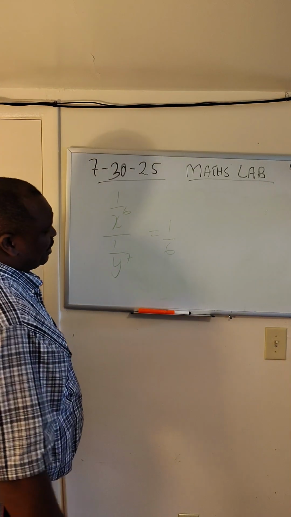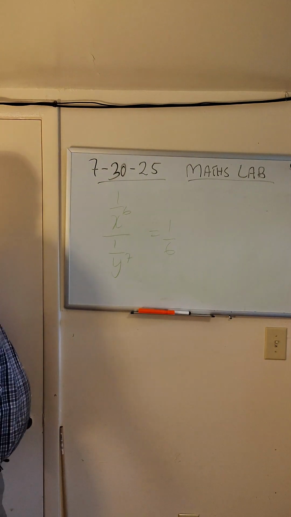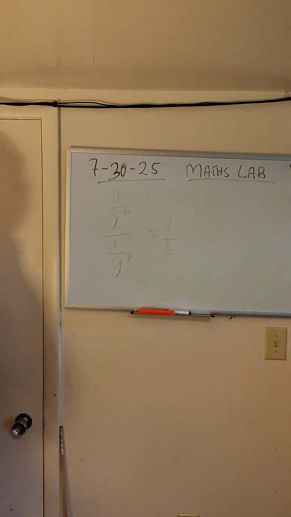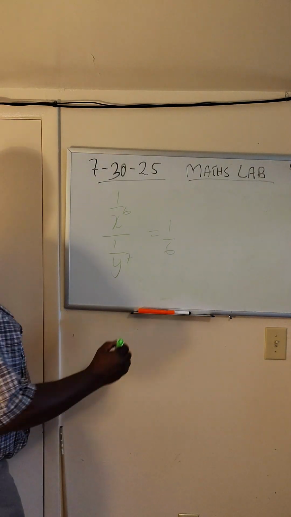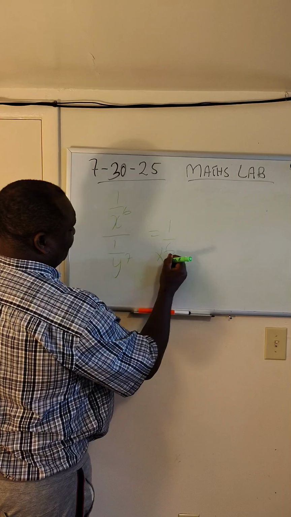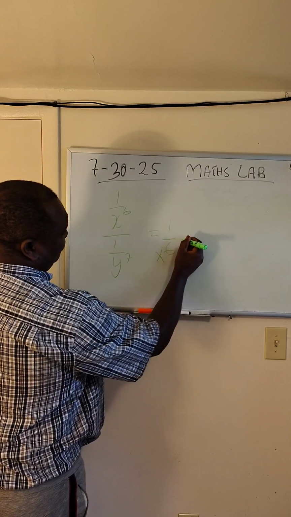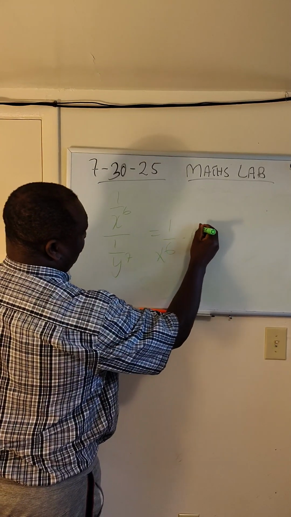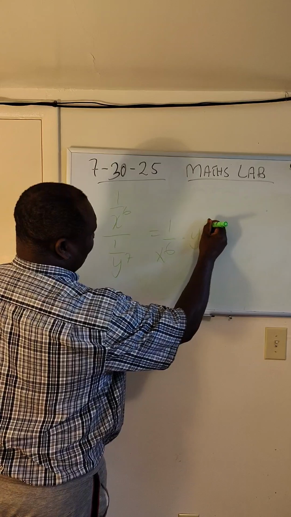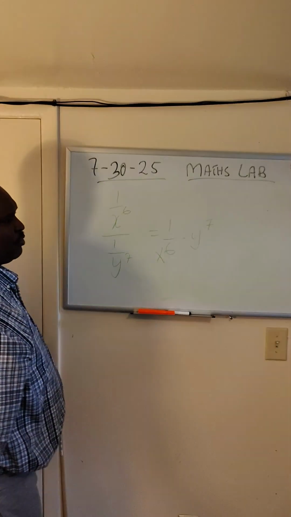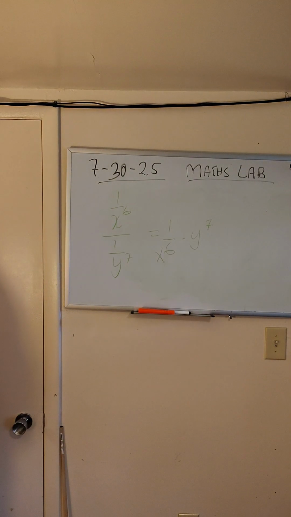We are going to say 1 over x raised to the power of 6, and then you multiply by y raised to the power of 7.